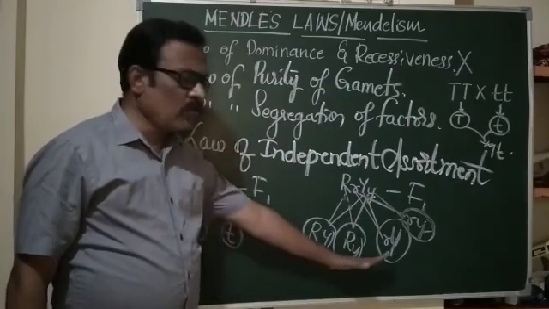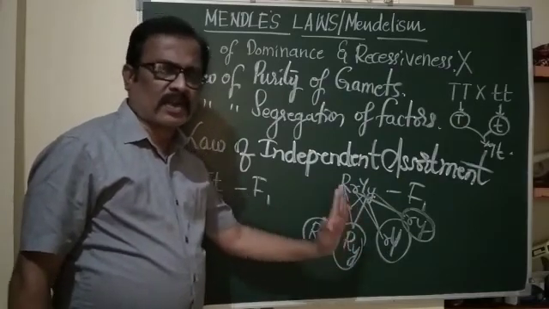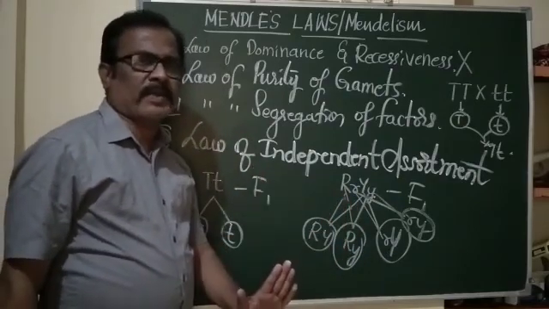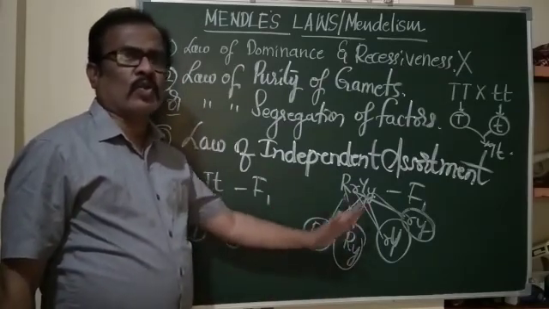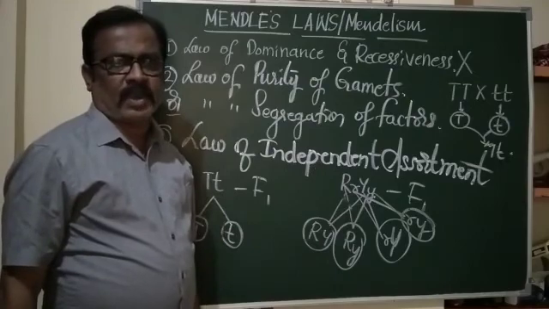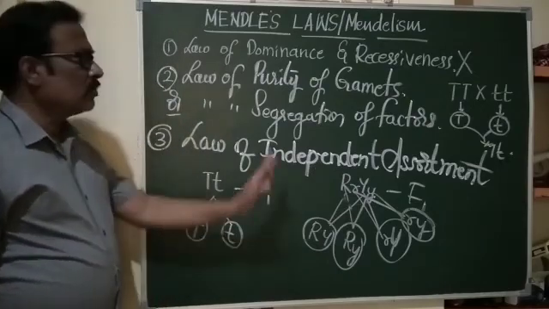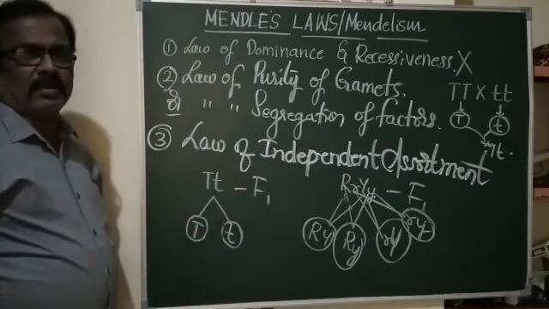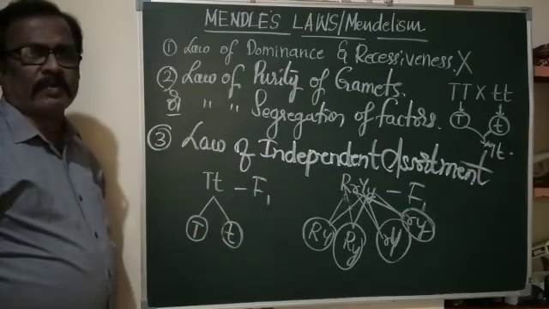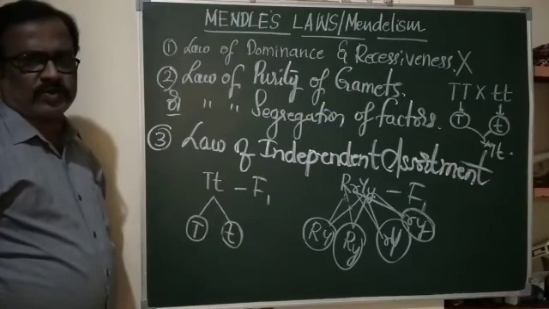Each factor, round separates, wrinkled separates, green separates, yellow separates, and produces 2 new gametes. I think you understand the statements postulated by Mendel as a result of monohybrid and dihybrid crosses.